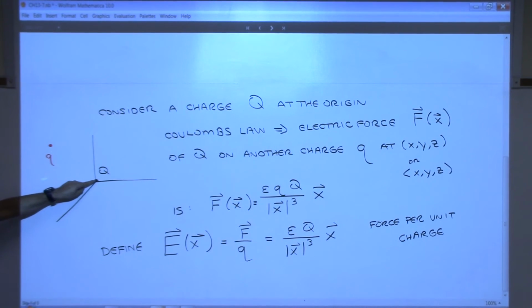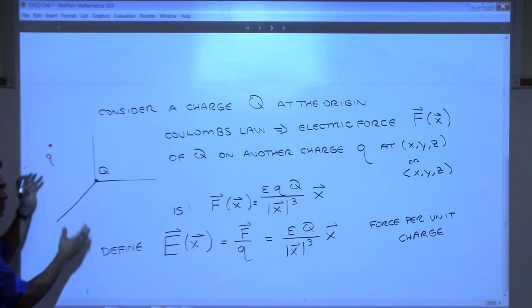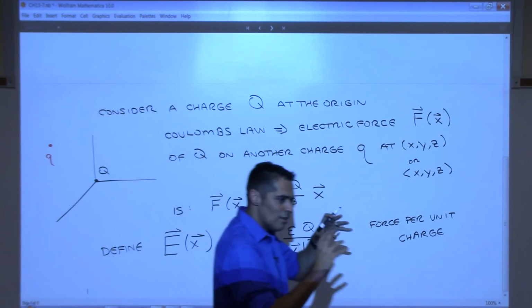This has a position, right? The position of this is x, y, z. Then the force per unit charge is some measurement of what's happening between these two, right? How these two charges are interacting with each other.